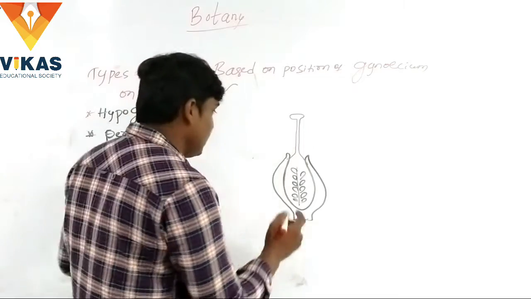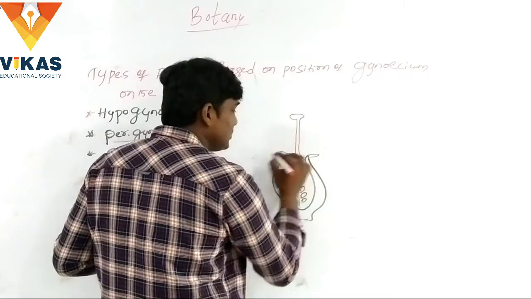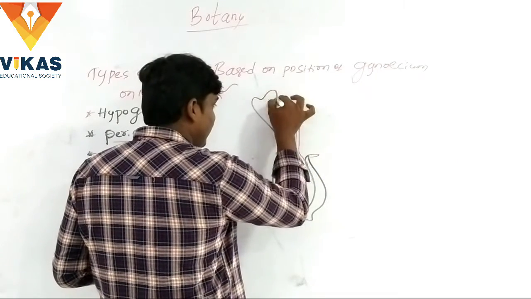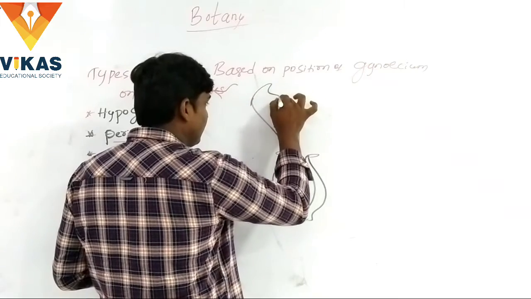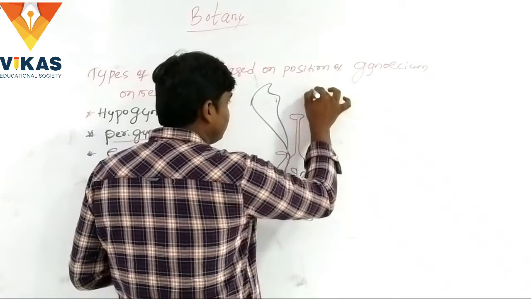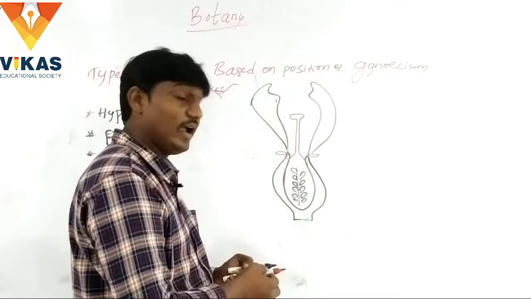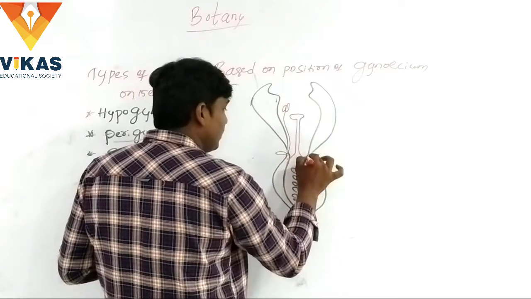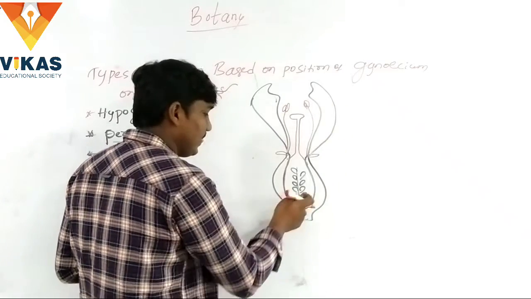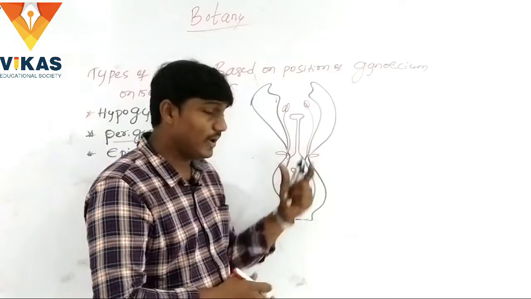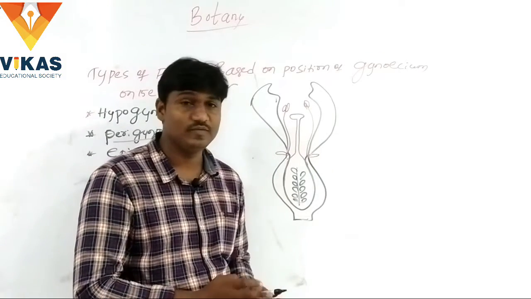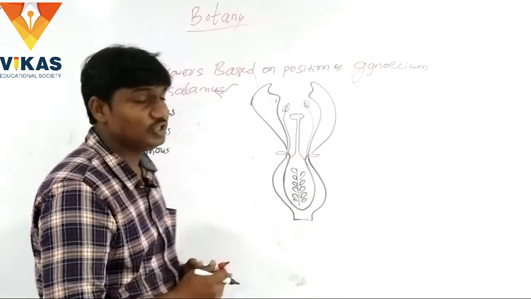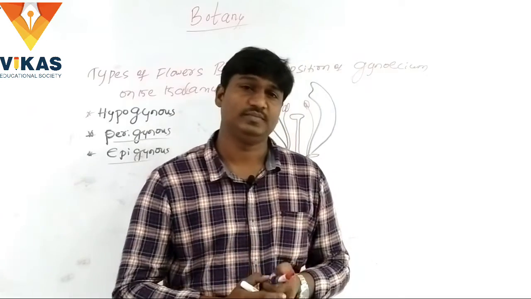Other parts like the calyx, corolla, and androecium arise from the upper part of the ovary, hence the position of the ovary is inferior.